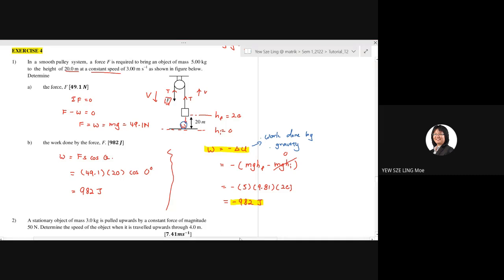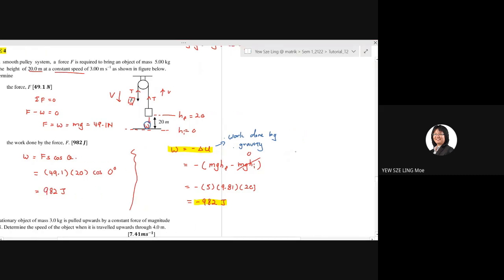So if you want to calculate work done by F, it is equal to negative work done by gravity. Therefore, work done by F is actually equal to 982 joules. So it should be a positive value, but not a negative value. That is the answer for question 1.